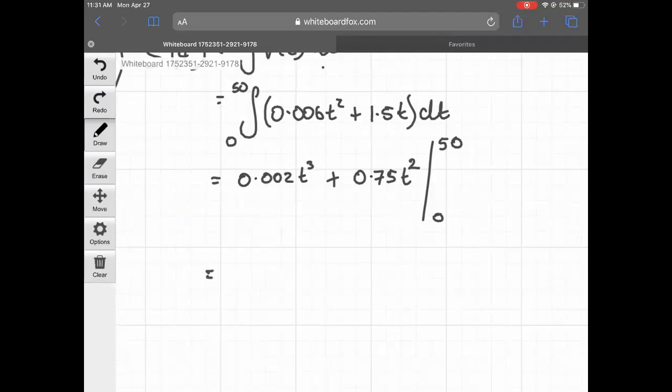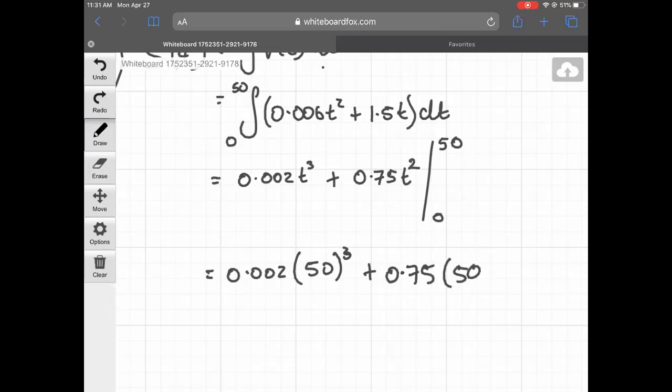So we've got 0.002 times 50 cubed plus 0.75 times 50 squared.